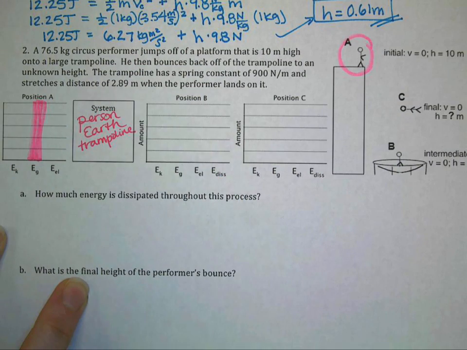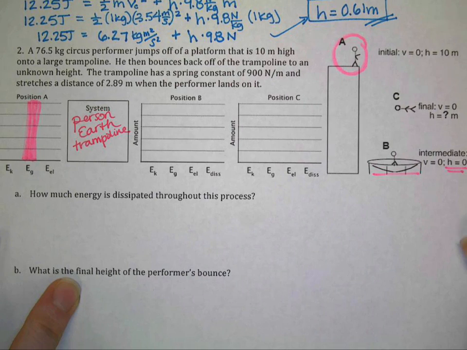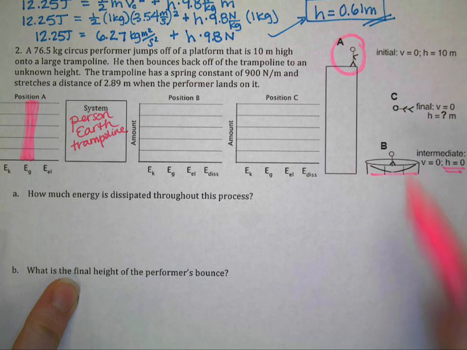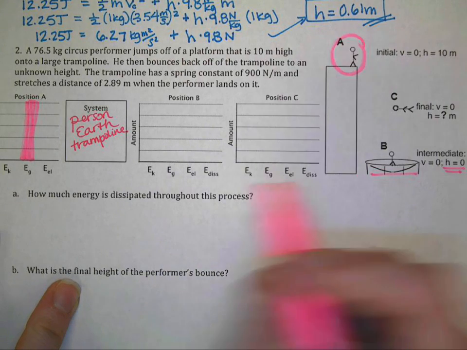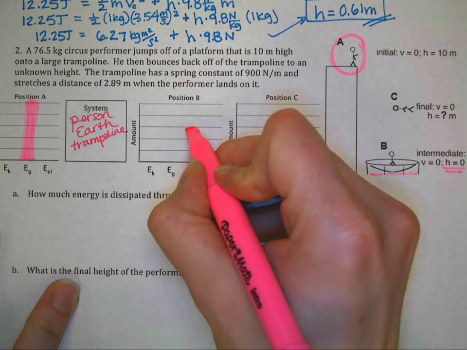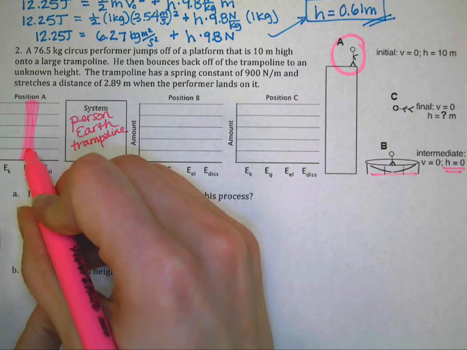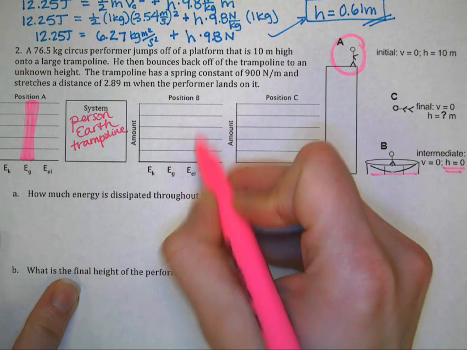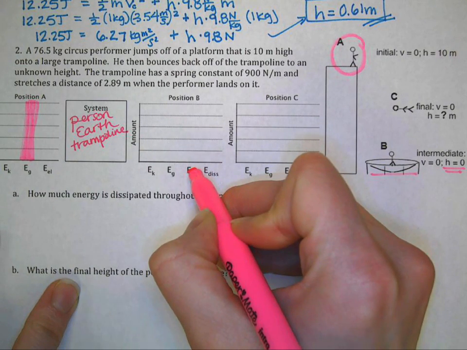I put 5 bars up there for that. At position B, he's at the ground, and they even specify that the height is 0. And he's at a velocity of 0, so it's right at that point where he's at that maximum stretch. So all of this energy has to be transformed into elastically stored energy.